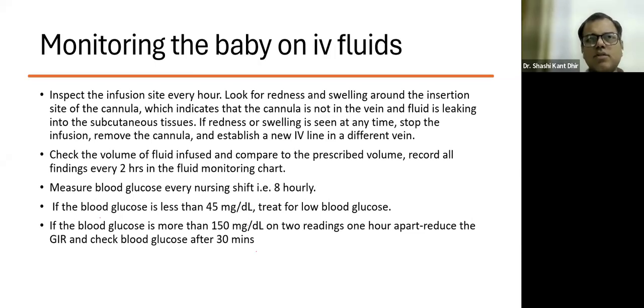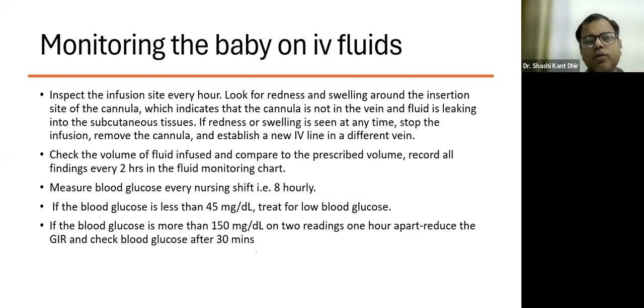The tip of the cannula should never be covered, whatever type of occlusive dressing we are using, because the issues will come at the tip, not where we insert the cannula, right? So it is very important to use that kind of dressing.